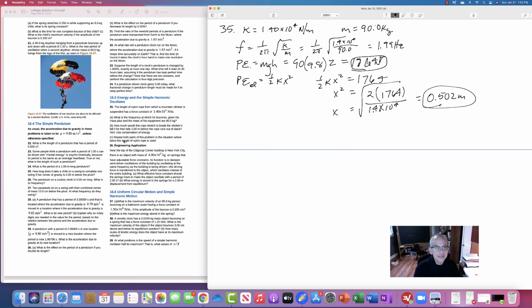Now part C, it says repeat both parts of this problem in the situation where twice the length of the rope is used. I'm not sure, I didn't do this part, and the reason I didn't do it is because I wasn't sure if that meant that the person falls 4 meters. I'm not sure what it means, because if you look at this equation, the length of rope doesn't matter.